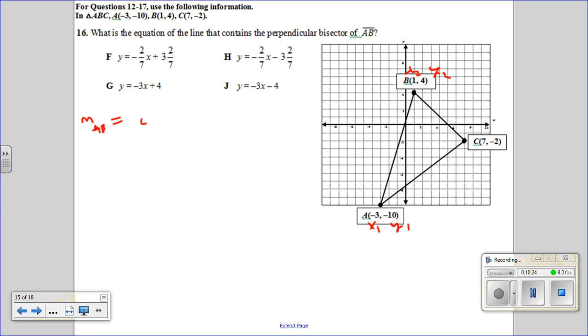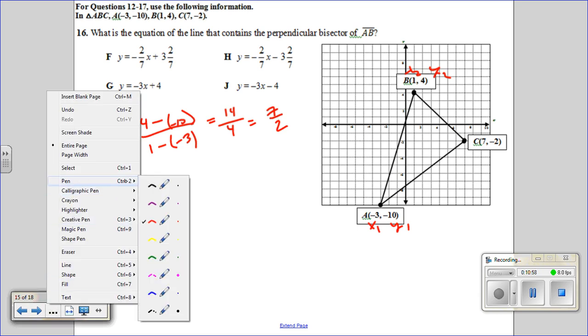So y2, which is 4, minus y1, which is negative 10, over x2, which is 1, minus x1, which is negative 3. Double negatives turns that into a 4 plus 10, which is 14. Double negatives turns that into 1 plus 3, which is 4. 14 over 4 reduces to 7 over 2. So that's the slope of AB.